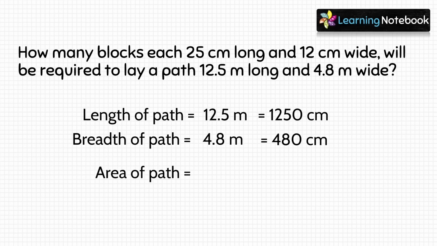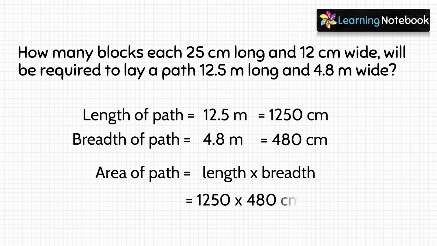Now let's find its area. Students, since we are given with length and breadth of this path, we will assume it to be a rectangular path. And we just learned that area of rectangle is length into breadth.